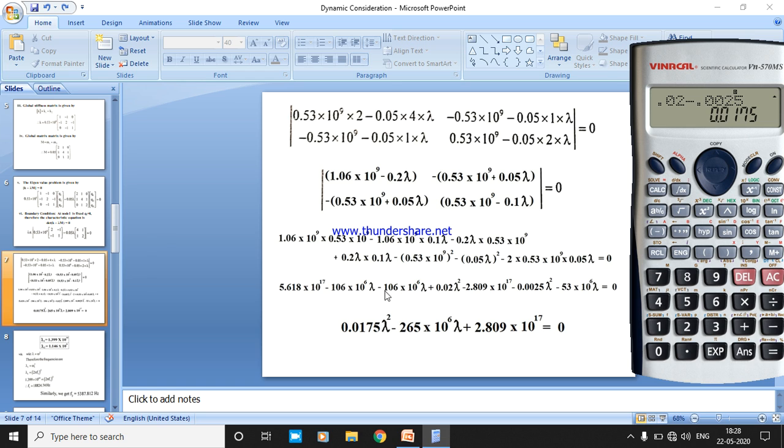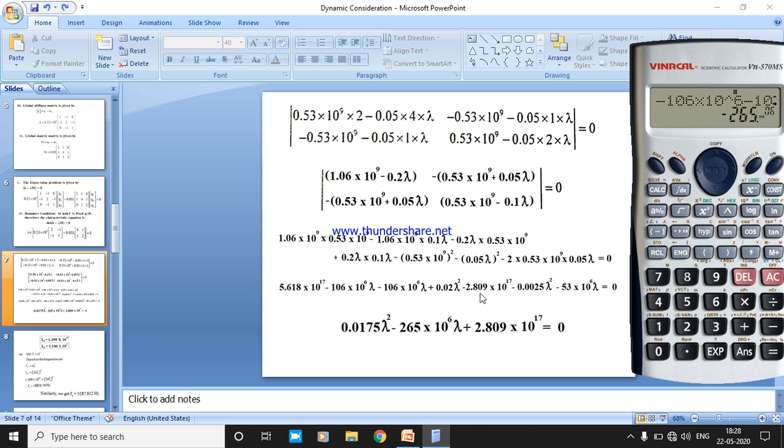These two are both the same, so this becomes minus 106 into 10 raised to 6, minus 106 into 10 raised to 6, and this value minus 53 into 10 raised to 6. So I got minus 265 into 10 raised to 6.